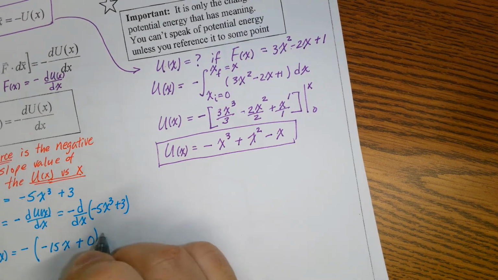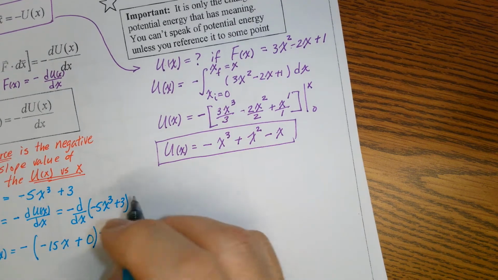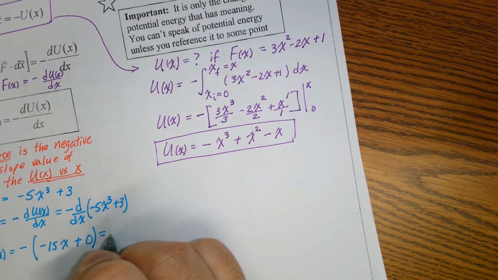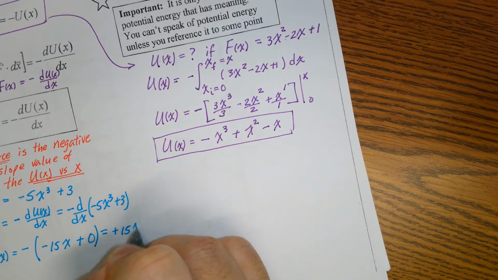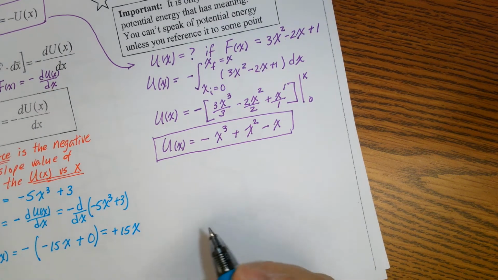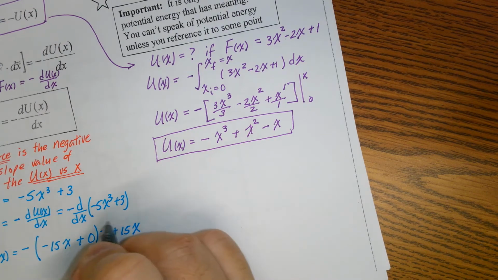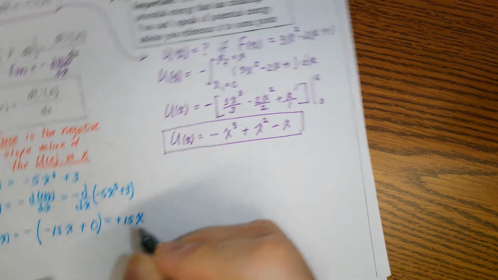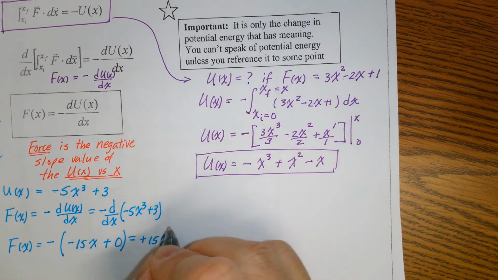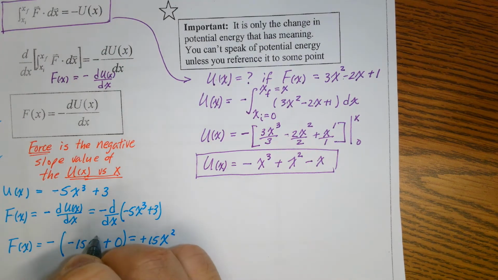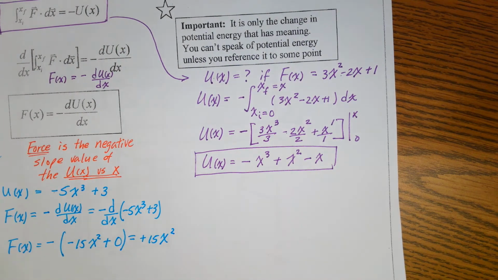Therefore, this becomes positive 15x squared as my f of x. Oh, yeah, x squared. Thank you. I knew something was a little messed up.